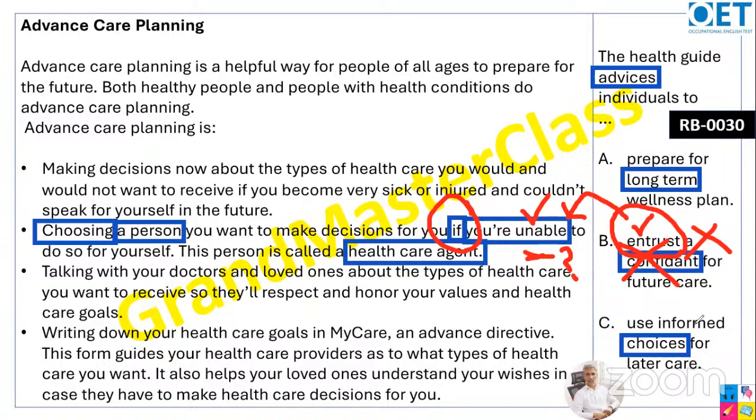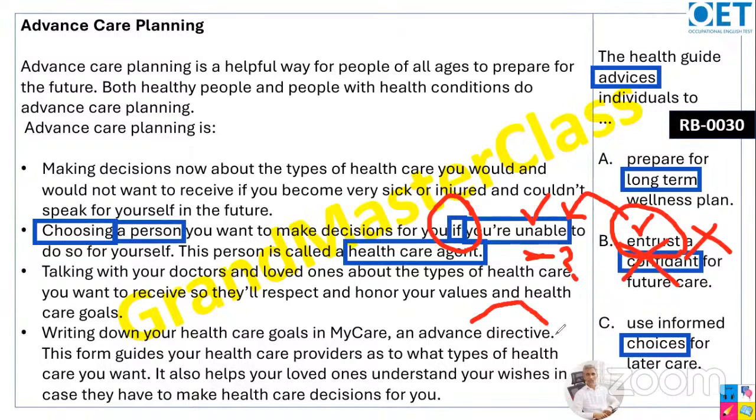Use informed choices for later care. So you have some choices, they will give you different things, and you will take the best. So you write down your healthcare goals in "My Care", an advance directive.